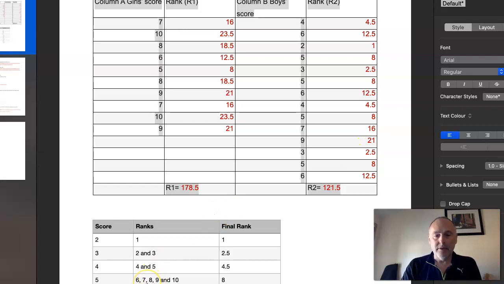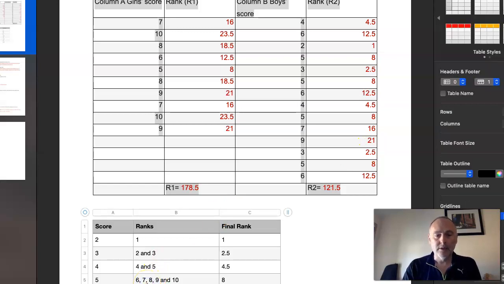I'll do a bit of a tougher one here, shall I? As we work our way through, the score of 5 appears 1, 2, 3, 4, 5 times. Let's just see what we mean. Well, there's one, and there's one, and there's one, and there's one, and there's one.